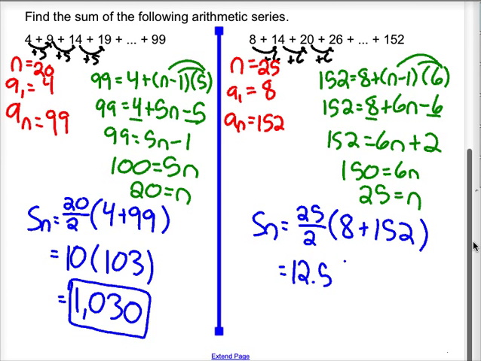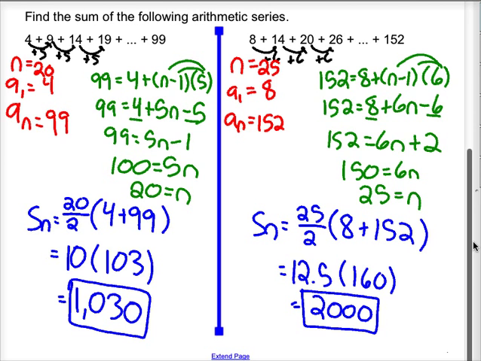So I get 12.5 times 160. That's going to give me 2,000. So the sum of my terms in that piece of my sequence is going to give me 2,000.